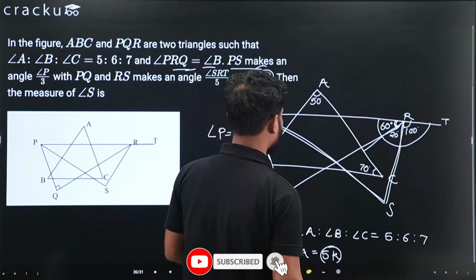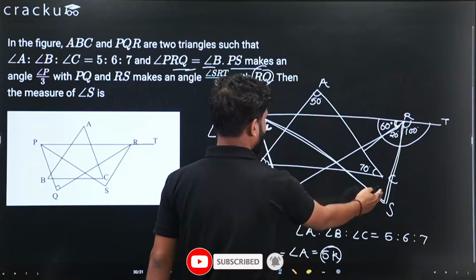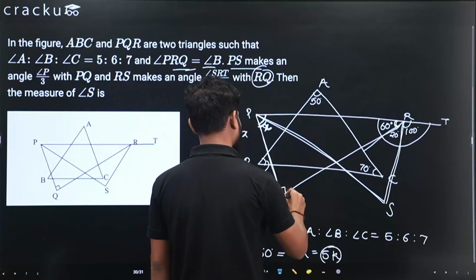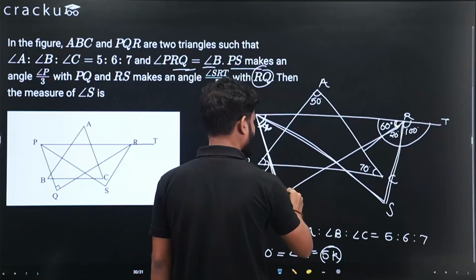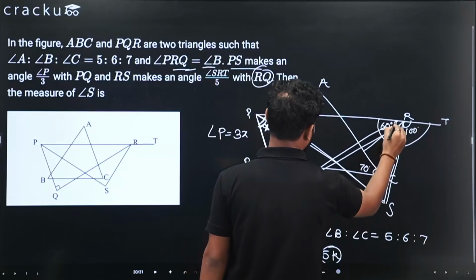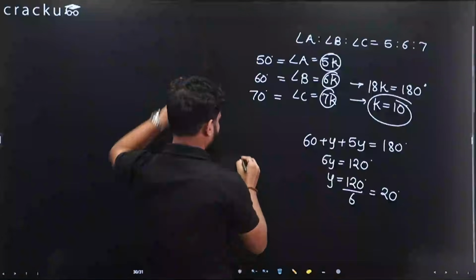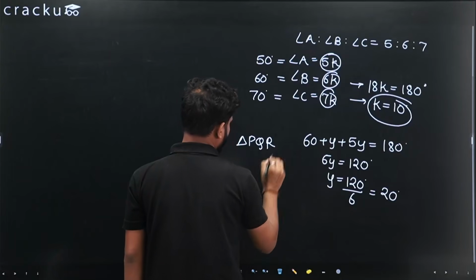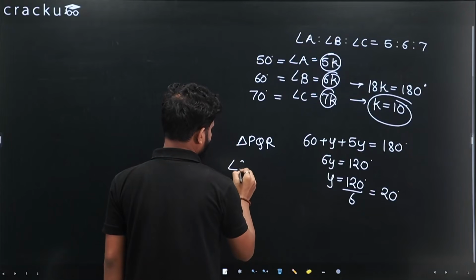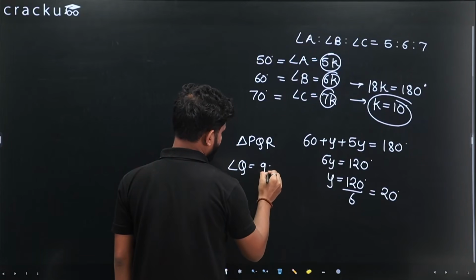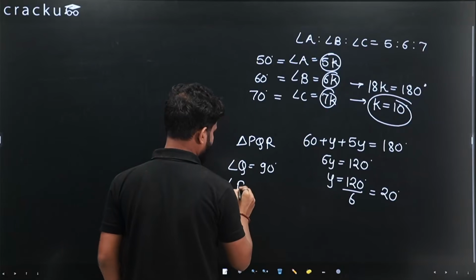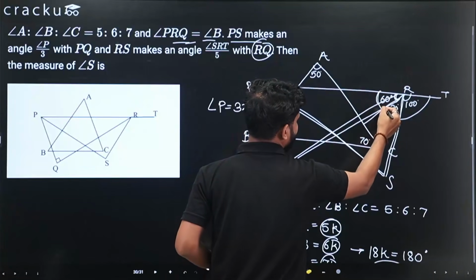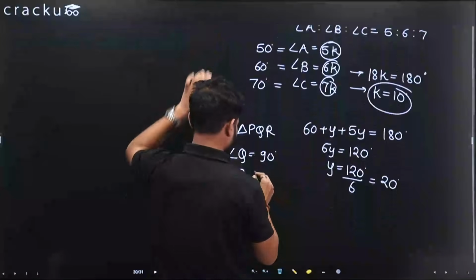What we need to find? We need to find measure of angle S. Now, if you look into this triangle PQR, in triangle PQR, we have angle Q is equal to 90 degree. Angle R is equal to 60 degree.